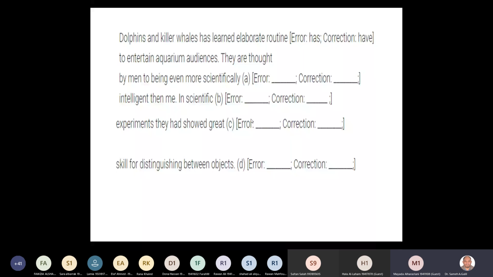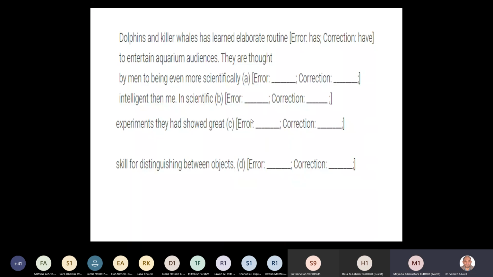Okay, I think we have one more error. When we say in scientific experiments, we need a comma before they, right? Do you guys agree? So in scientific experiments, comma, they have shown great skills or a great skill for distinguishing or in distinguishing.